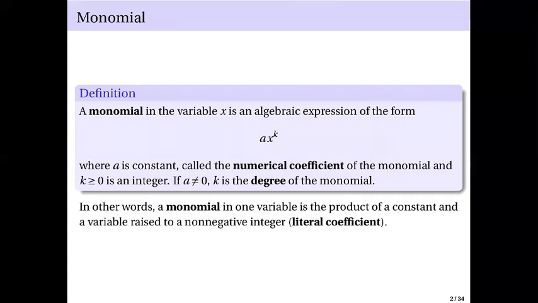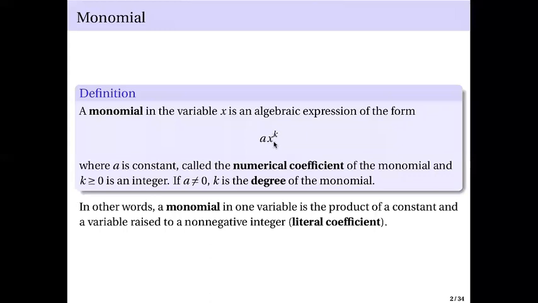So, in other words, this monomial in one variable is just a product of a number or a constant multiplied to a variable that is raised to a non-negative integer. You see this term here, literal coefficient.